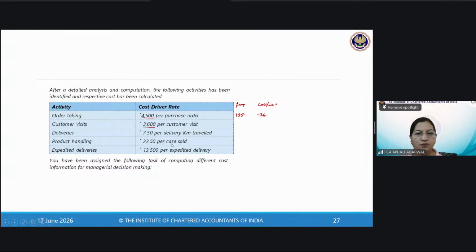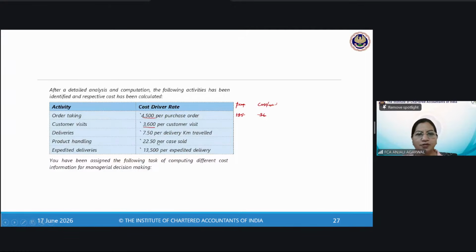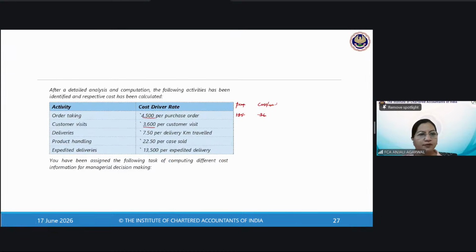22.50 per case sold. So product handling is 22.50 per case sold. 4,500 cases are sold. 4,500 into 22.5, so this is 101,250. Any other thing? Number of deliveries are 10. Purchase orders 15 into 4,500.